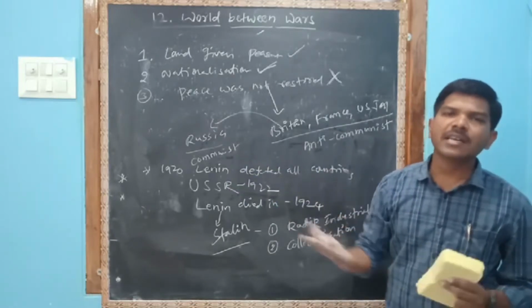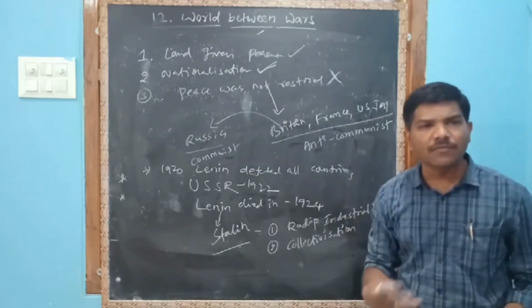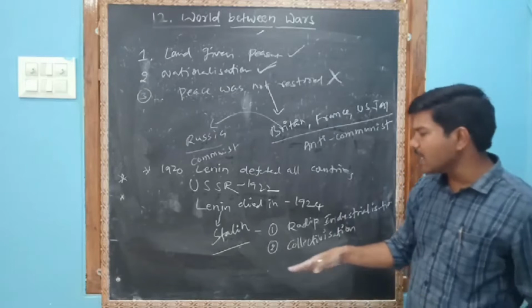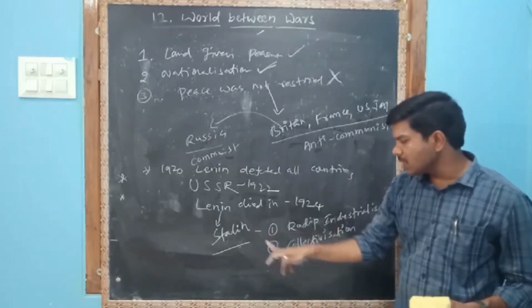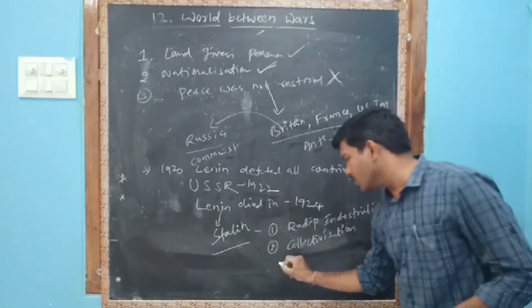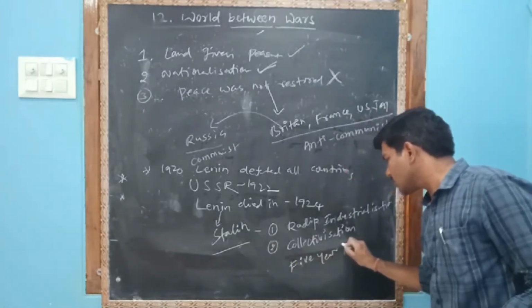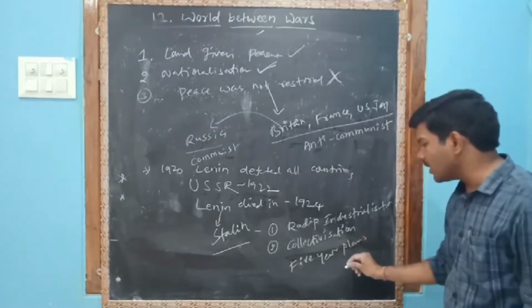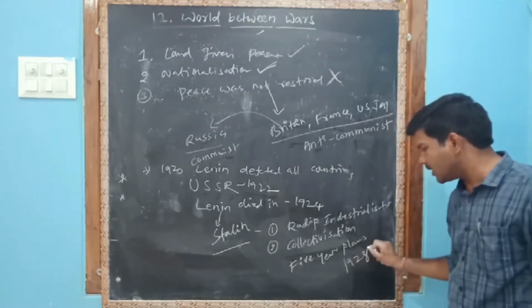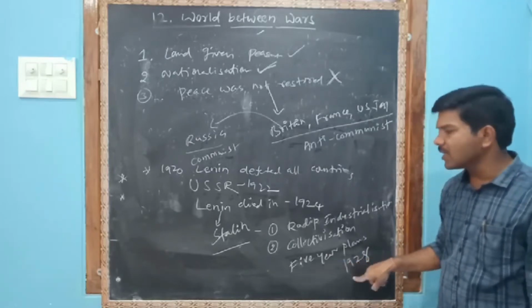For example, if 100 acres of land is there, 100 members of the village have to work on the farm, and the share is also equally distributed. So this is the policy called collectivization. Stalin introduced 5-year plans in 1928.